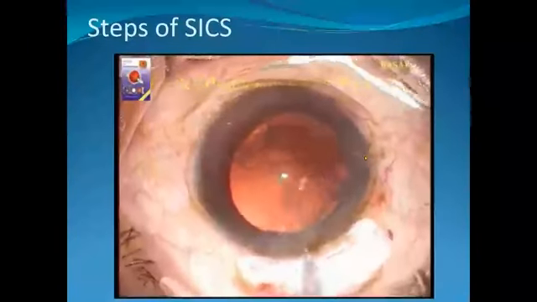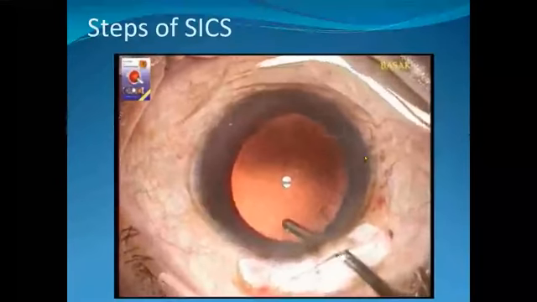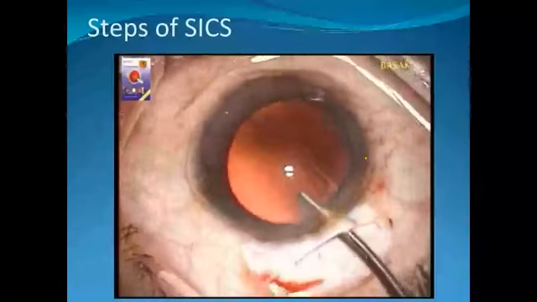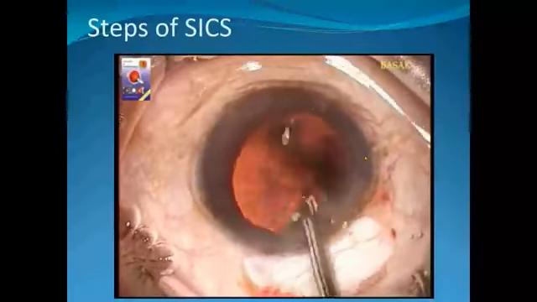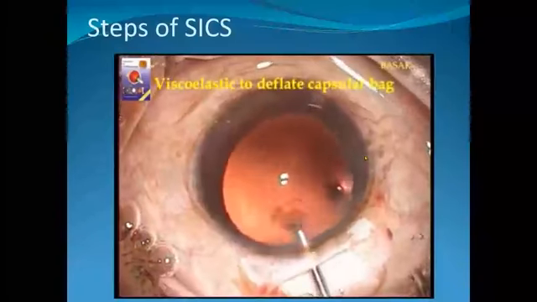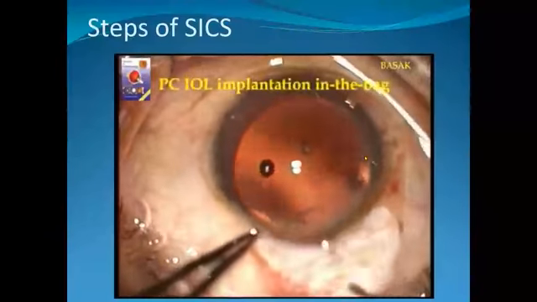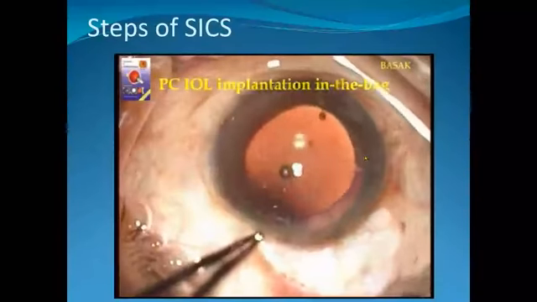Again we give viscoelastic substance, and this is the intraocular lens implanted in the capsular bag.